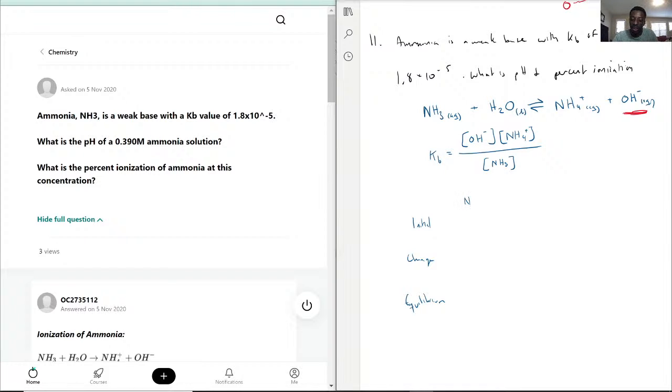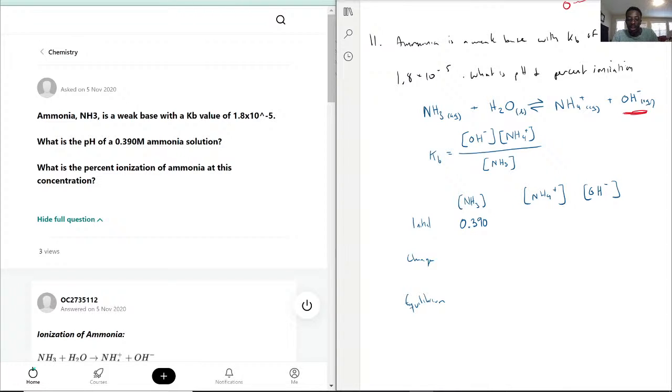So it's going to be the NH4 plus and OH minus. The initial is just straight ammonia, and as they said in this question, it's 0.390 moles, in terms of concentration, moles per liter.